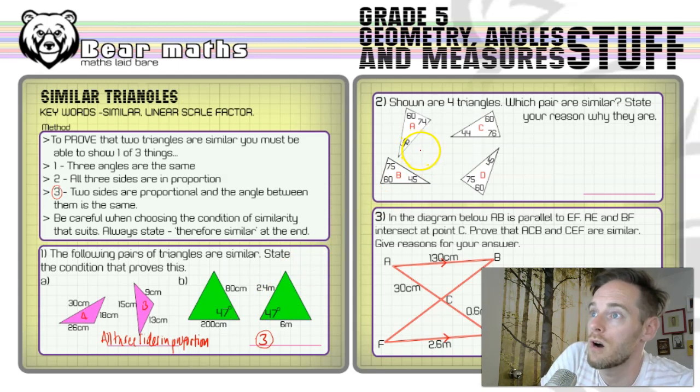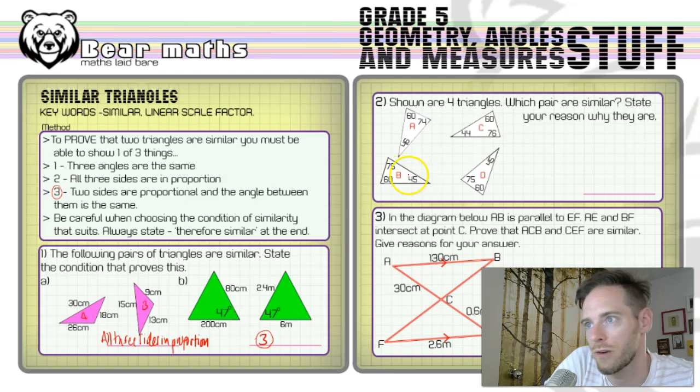Question 2, shown are 4 triangles. Which pair are similar, and state the reason why they are similar. So let's see, we've got 3 angles in each of these triangles, so it's going to be the first thing: 3 angles are the same. 60, 76, 44; 60, 74, 46; 70, 45, 60; and 60, 75, and 45.